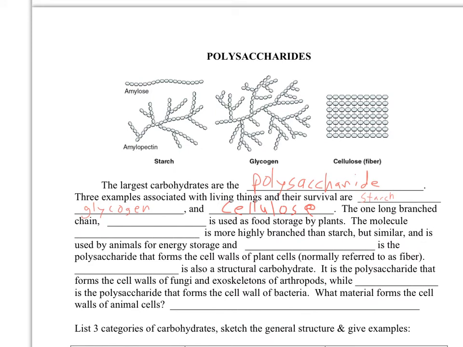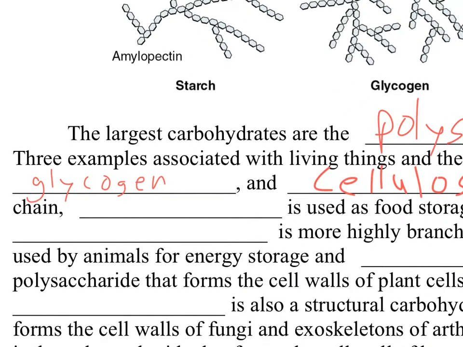Okay, so amylose and amylopectin both fall under the category of a food storage polysaccharide found in a plant. And what's the general term we have for those? Starch. Okay? And starch can be many forms.